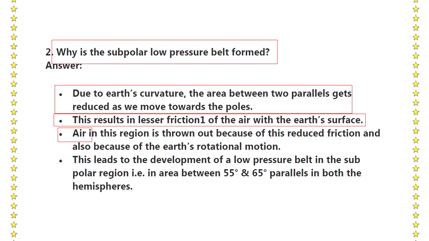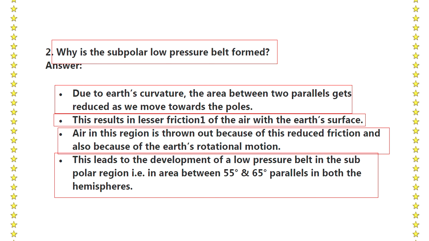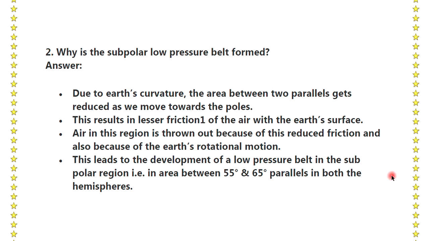Third point, air in this region is thrown out because of this reduced friction and also because of the earth's rotational motion. Fourth point, this leads to the development of the low pressure belt in the subpolar region, that is in the area between 55 and 65 degree parallels in both hemispheres. See the next question.